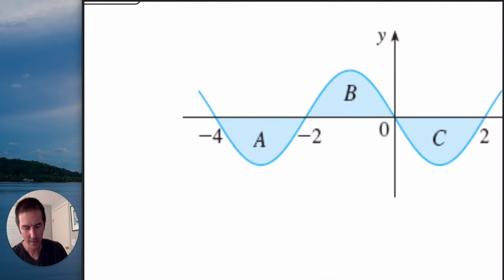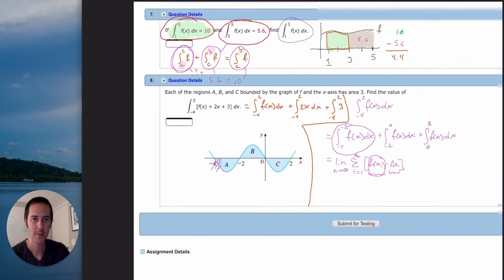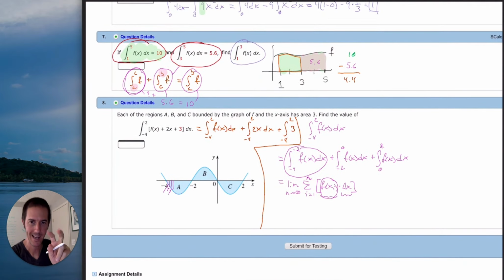In region A, if we take and turn all of these into rectangles, what can you tell me about the y value associated with the height of each of those rectangles? The y coordinates of every point on this portion of the curve is negative, which means that when we add up all of those negative rectangular areas, we're going to get a negative value.